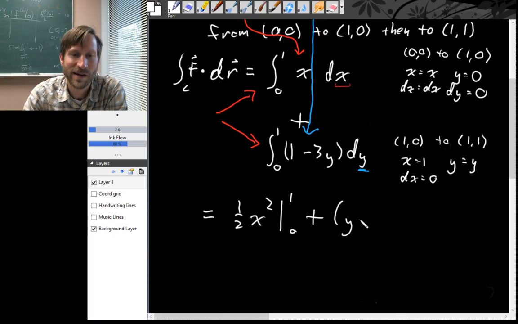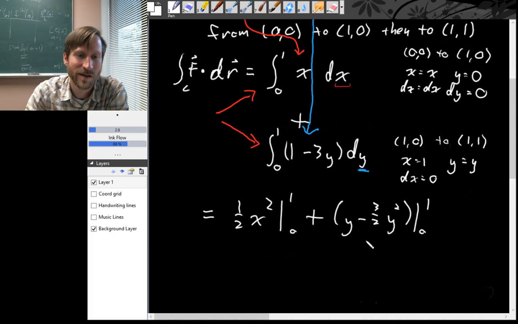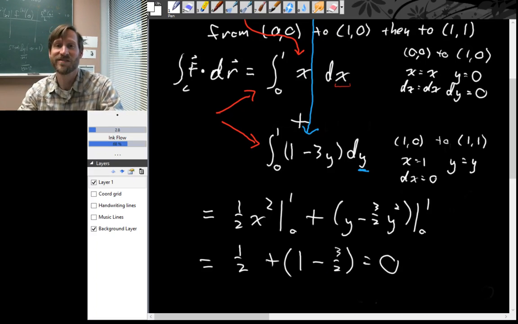This is y minus, the integral of 3y is 3/2 y squared, from 0 to 1. Now we can just plug everything in. For this first one, we get 1/2 plus, plug in 1, 1 minus 3/2, and that all comes to 0. So this line integral is 0.